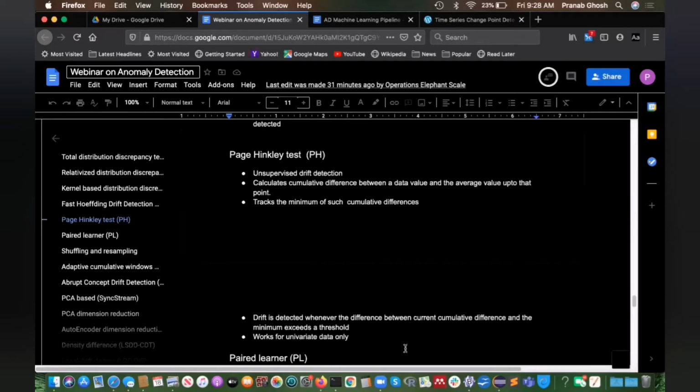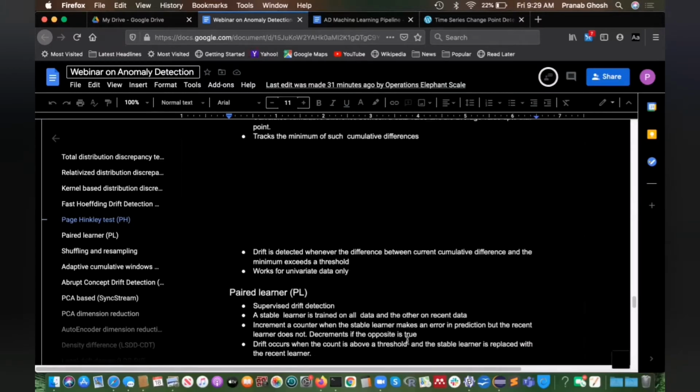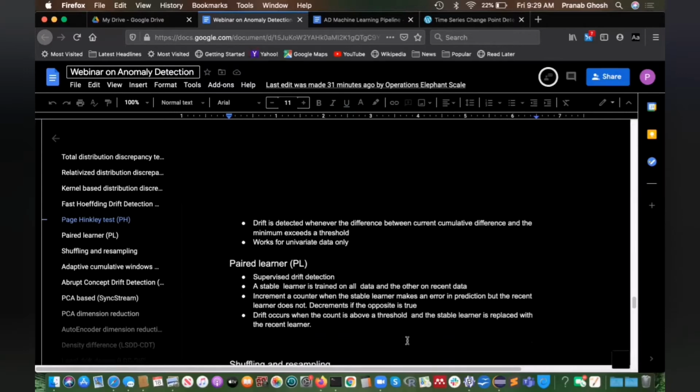It calculates the difference between a data value and the running average up to that point, and then it sums that cumulative difference. When that value becomes large, there's potential drift in the data. I mean, when it exceeds a threshold.